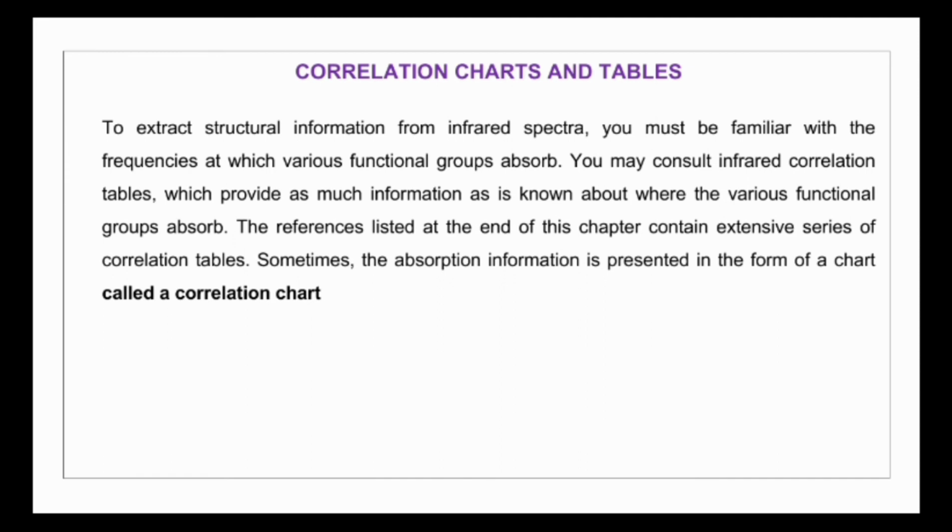The references listed at the end of this chapter contain extensive series of correlation tables. The absorption information is presented in the form of a chart called a correlation chart. So a correlation chart or table is nothing but a chart which gives us the frequencies at which various functional groups absorb IR radiation.